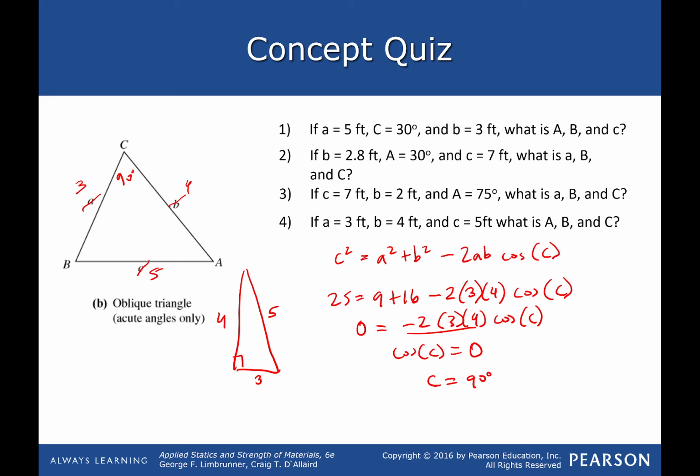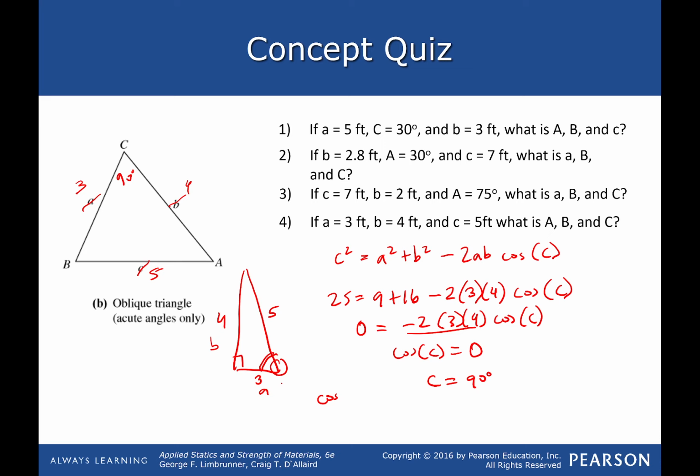And since it's a right triangle, we can actually use all of our trig functions to solve for the rest. So rather than doing it the hard way, I can find these other two angles using cosine and sine if wished. So I'm going to go ahead and do that. I'm going to find this angle now. I'm really confusing myself, so I'll make sure I do this right. This is A, this is B. There we go.